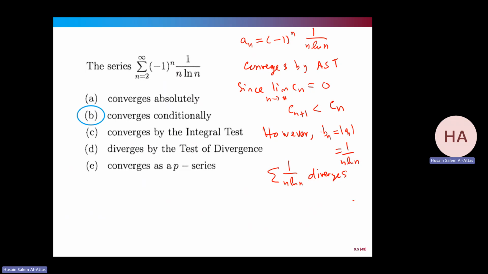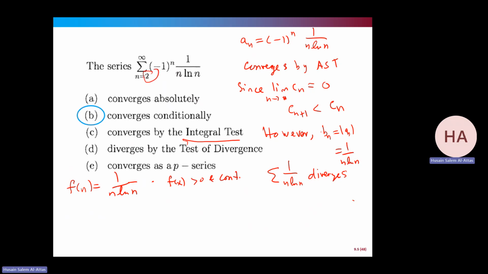I'll do the integral test. So I have f(n) is 1 over n ln n. First, f is positive and continuous for n greater than or equal to 2.